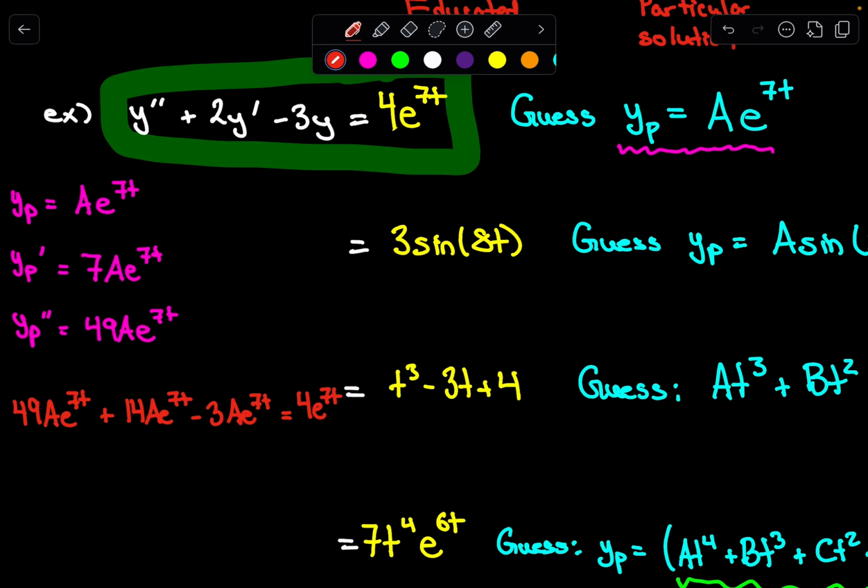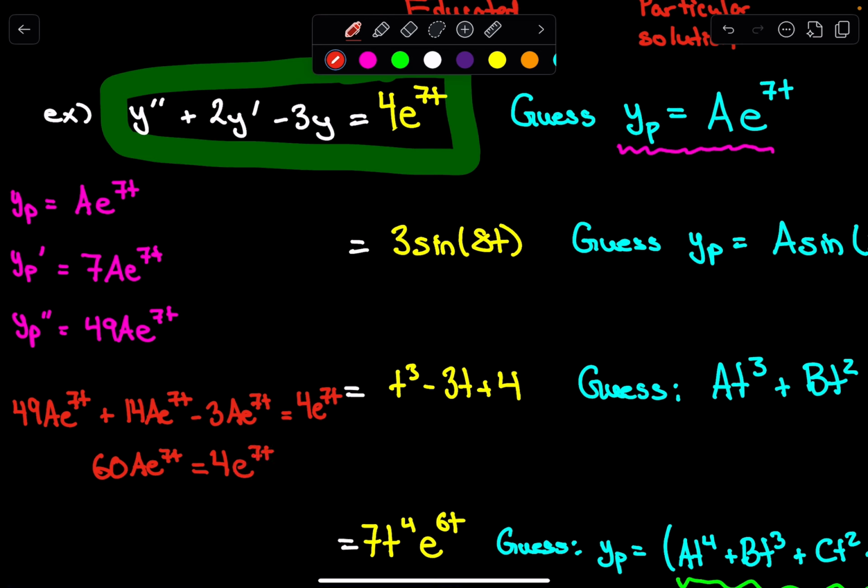So if we do a little combining, we get 49 plus 14, which I believe is 63, minus 3, so we get 60a e to the 7t is equal to 4e to the 7t.